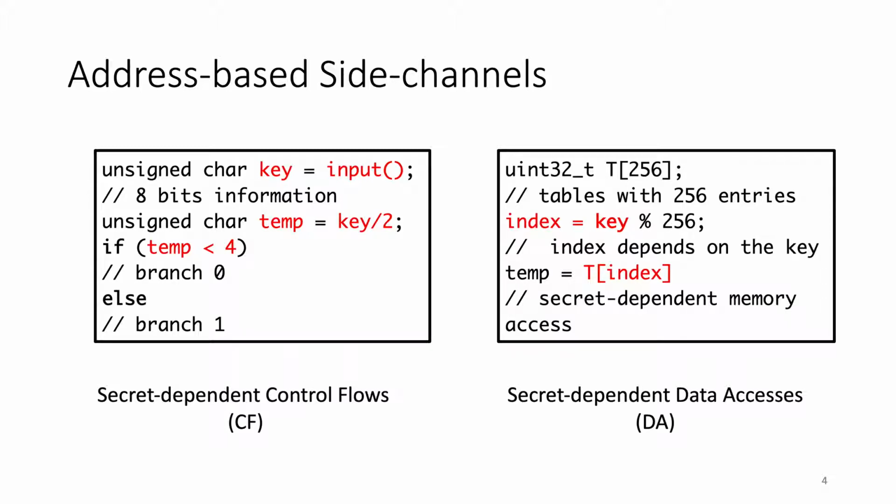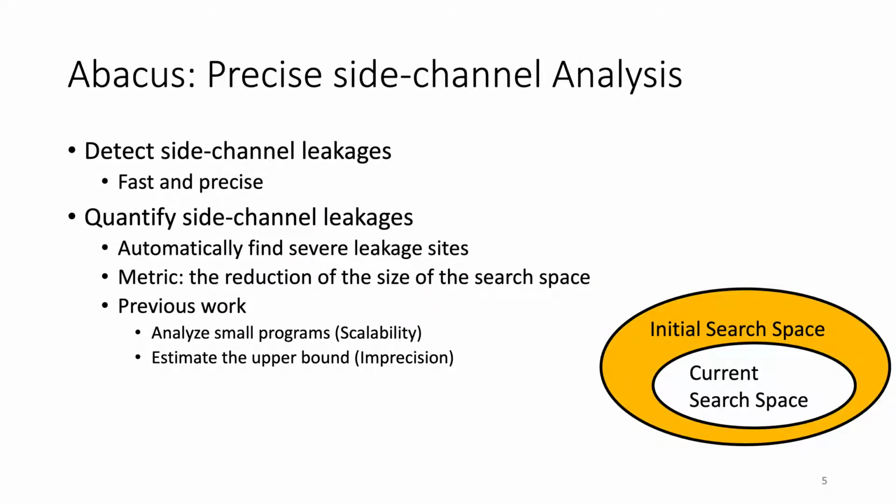This is our work, Abacus. It can identify and quantify side-channel leakages in real-world applications. We use symbolic analysis to capture the dependency between the observation and the original secret data with math formulas, and quantify the amount of leaked information defined by the reduction of the search space.